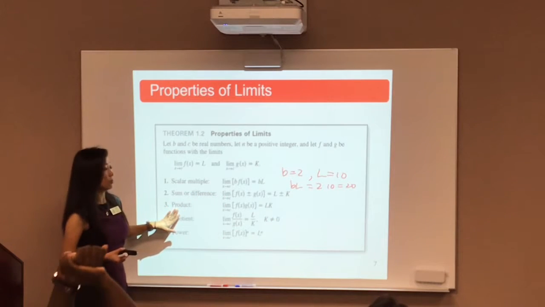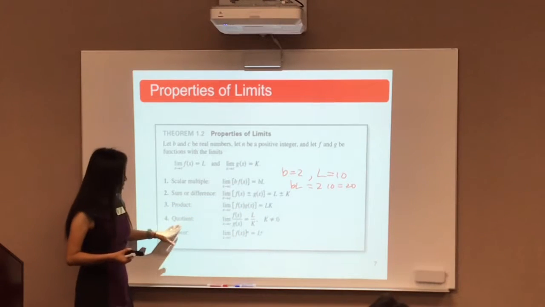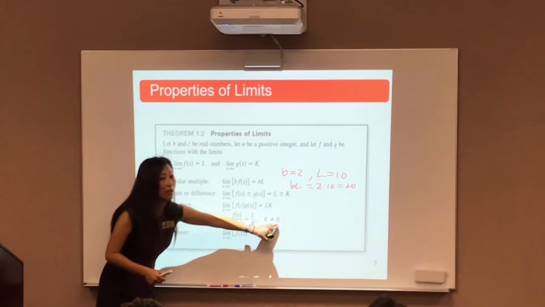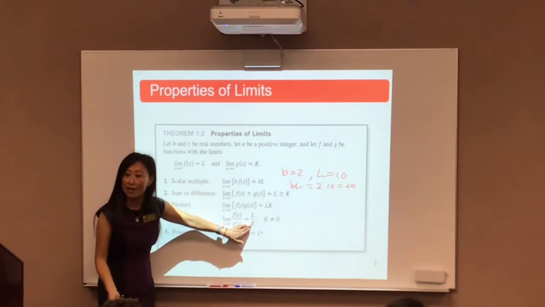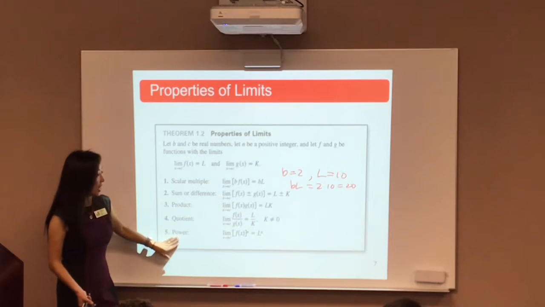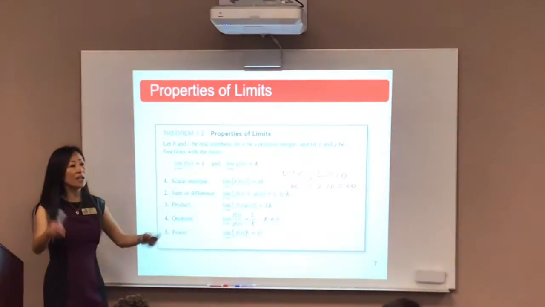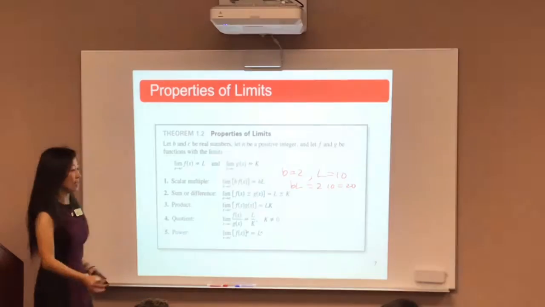Look at what you can do also. I can multiply limits, and I can divide limits, but you cannot do which one? K cannot be 0, because I cannot have a 0 in the denominator. And can I also raise to a power? Yes. So you can add, subtract, multiply, divide, and raise to a power. You can do all of that with a limit.